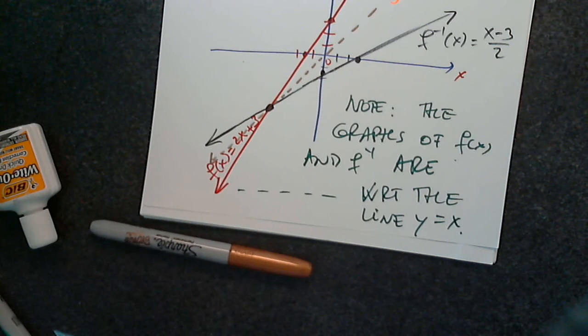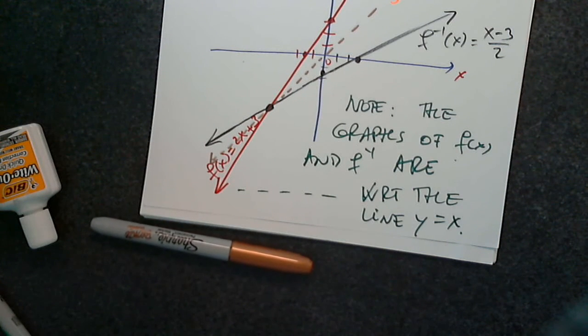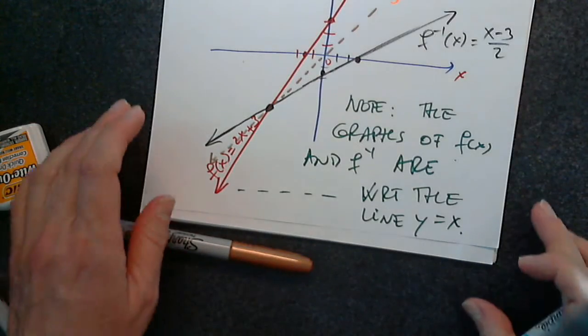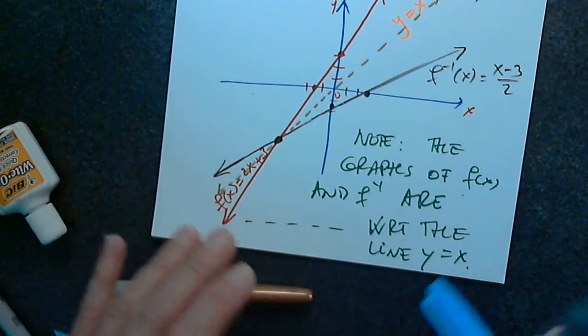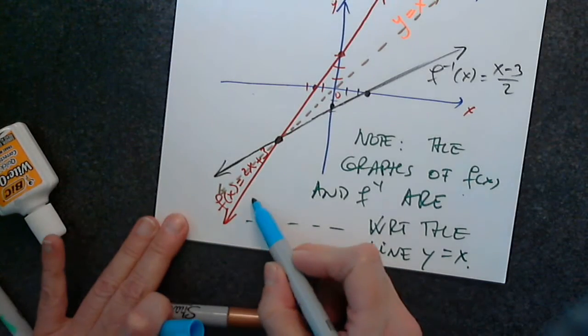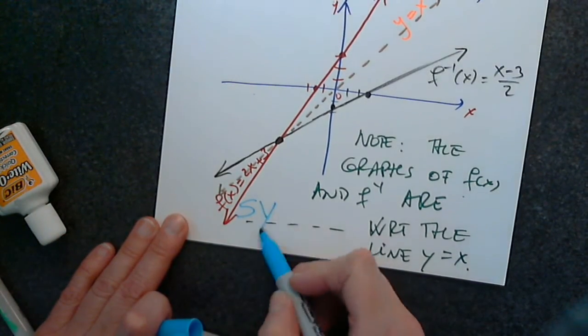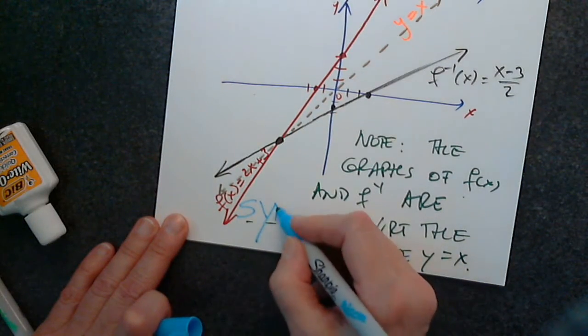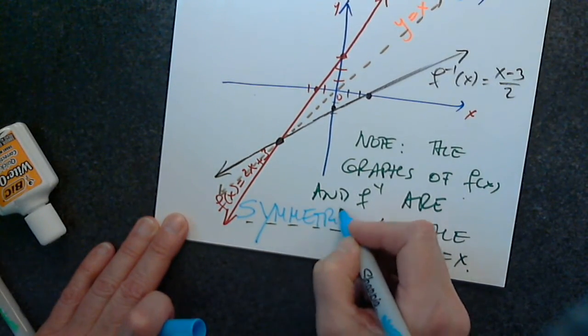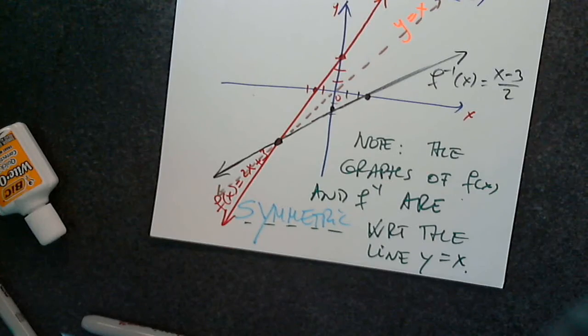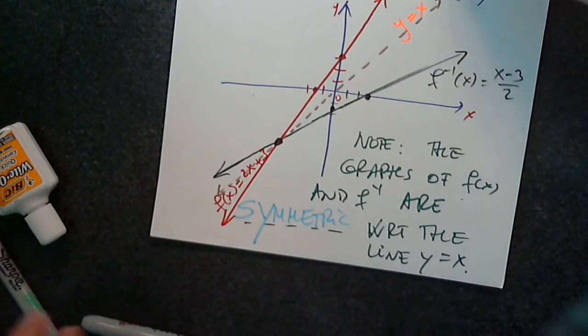I'm missing a word. I need help with one word. Very good. Excellent. They are symmetric. Here's why.